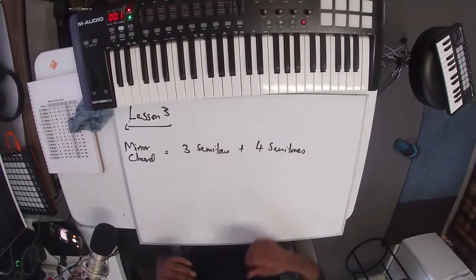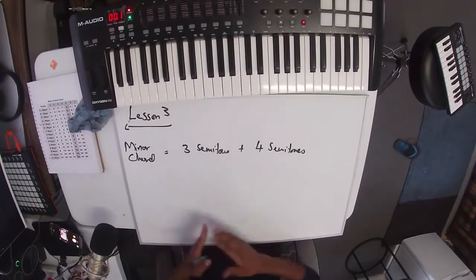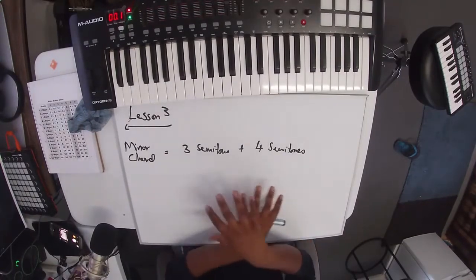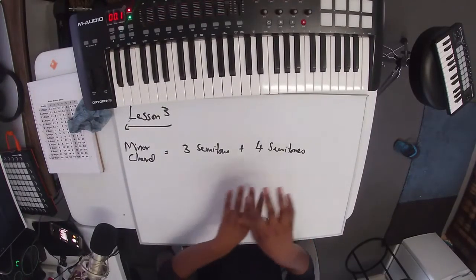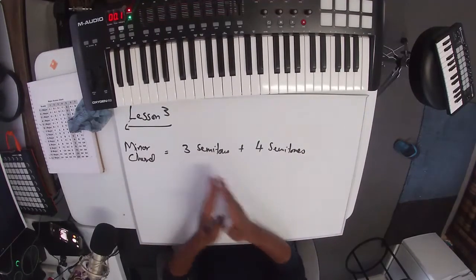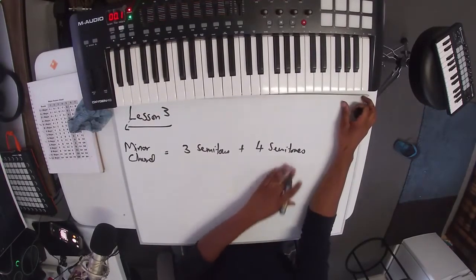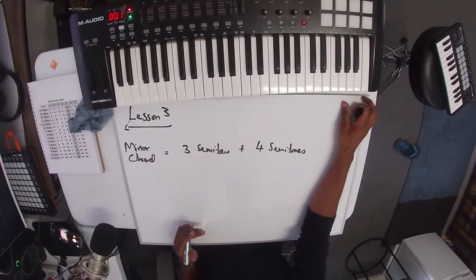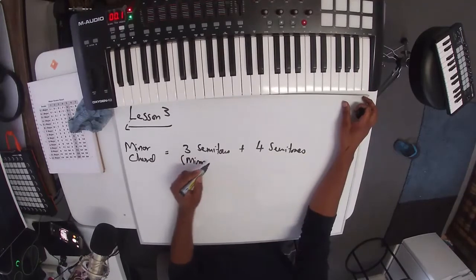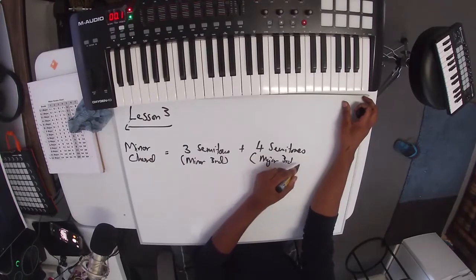Remember, when we were making major chords, it was 4 semitones plus 3 semitones. This time it's 3 semitones plus 4 semitones. Here we start with 3 and then 4. In major we started with 4 and then 3. The order matters. As I said previously, this would be called a minor third interval. This would be called a major third interval.